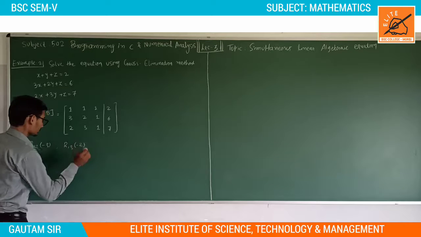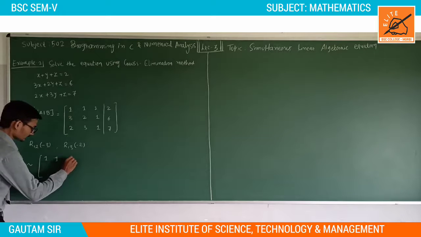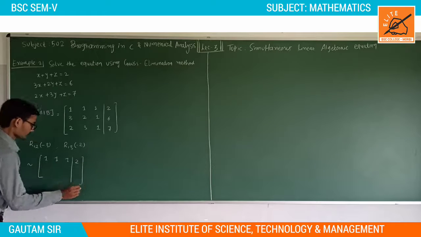This operation gives an equivalent matrix. The first row is as it is, 1 1 1 augmented 2.